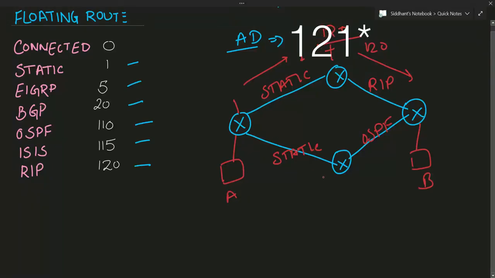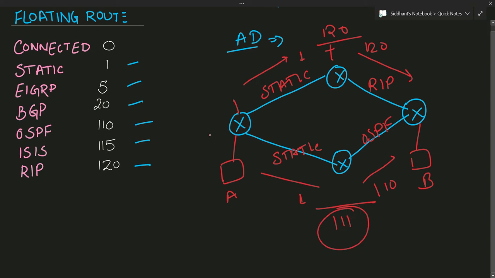Then the second one: static is 1, OSPF is 110, and the total is 111. So 111 is shorter, and traffic will always go through this route, static and then OSPF.